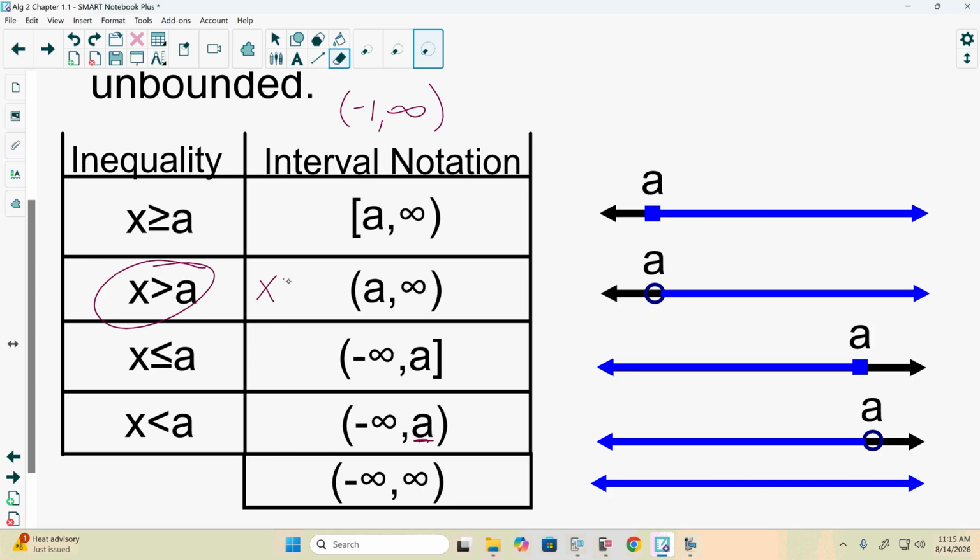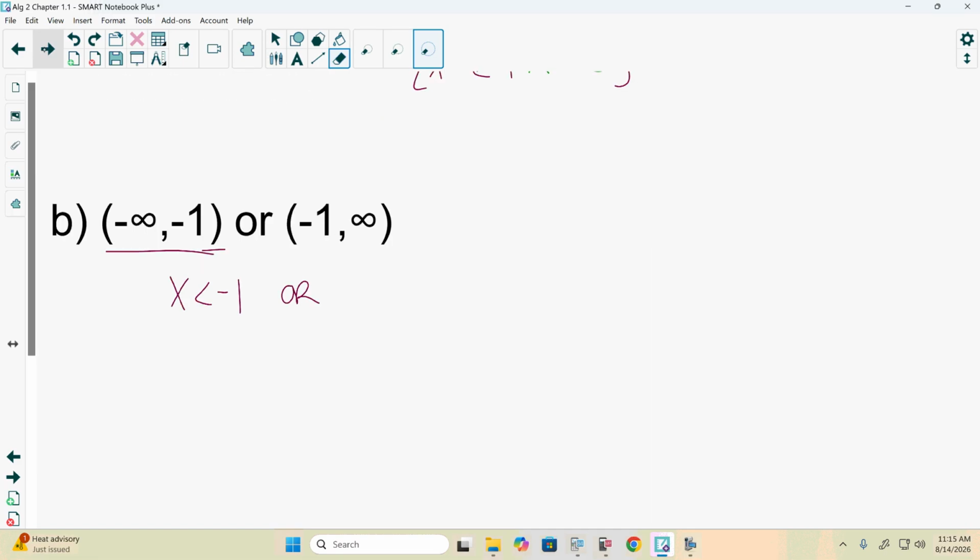And it's telling me X is greater than -1. We will. Any questions on how we wrote those? That's kind of nice, isn't it?